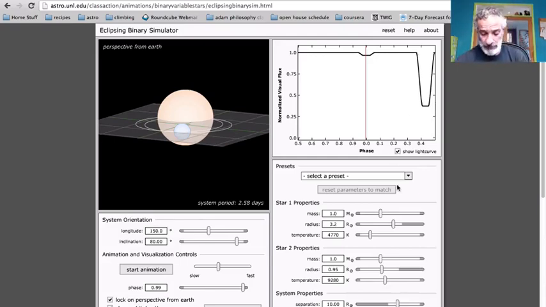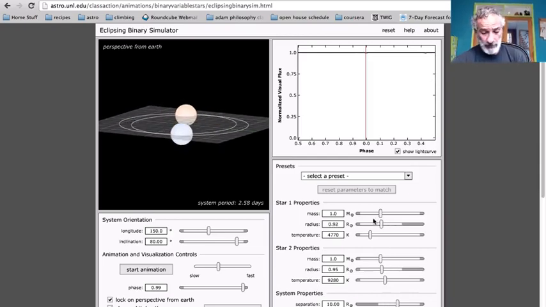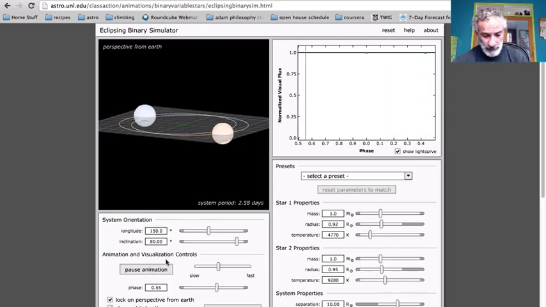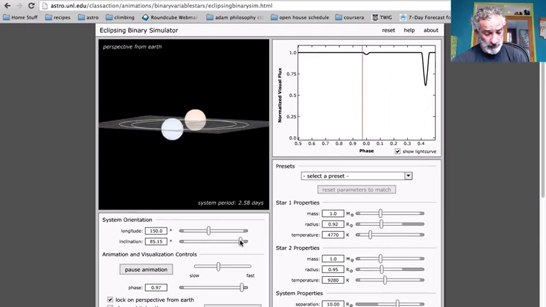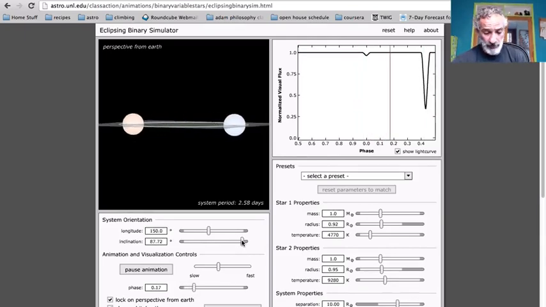When the sizes of the stars are more comparable, then the structure is less clear, because then we'll barely get a dip when the orange star is eclipsed. I need to improve our inclination here so we won't see much, but here's a pair of stars that are orbiting with almost zero inclination, and again we see a deeper dip when the blue star is eclipsed and a smaller dip when the orange star is eclipsed.